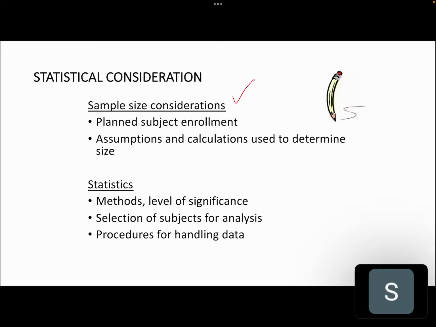Suppose they say we need 1000 subjects to reach some conclusion. Maybe based on their calculation they will give 1200 or 1300.